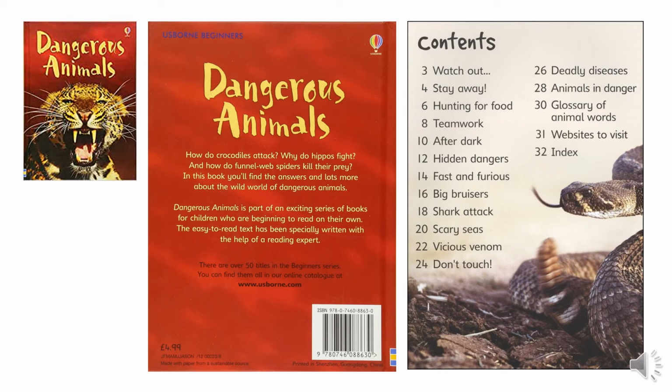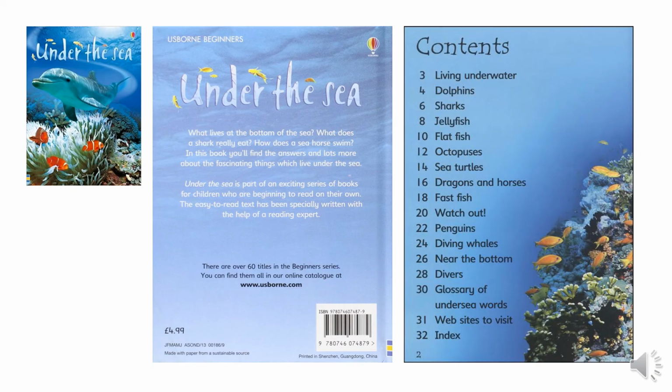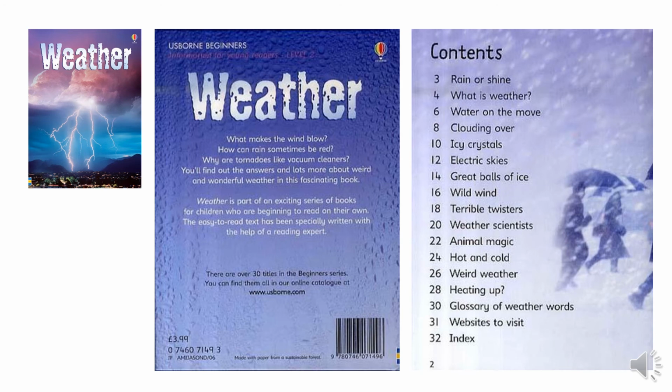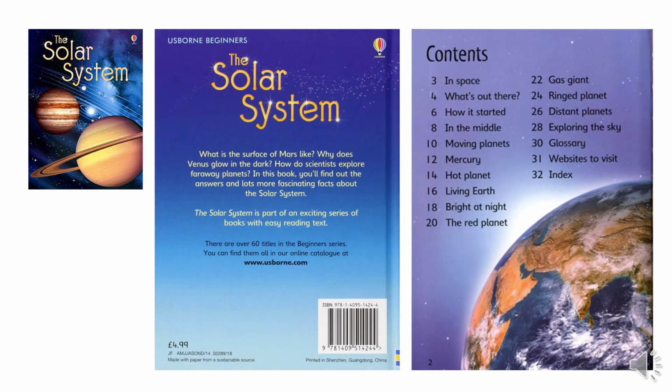The back cover and the contents page of Dangerous Animals. The back cover and the contents page of Under the Sea. The back cover and the contents page of Weather. And the back cover and the contents page of the Solar System.